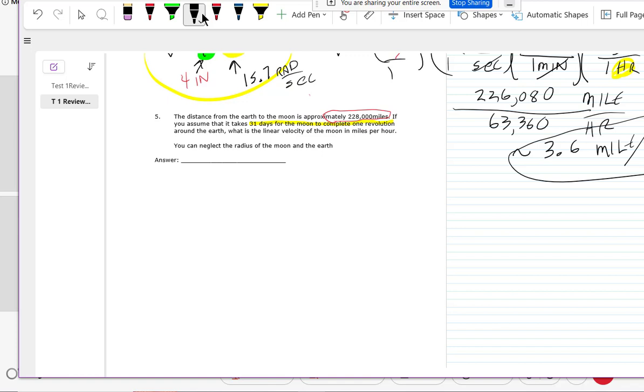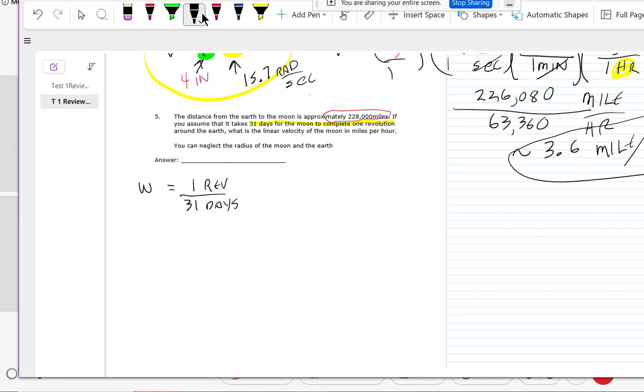When I see one revolution in 31 days, that's telling me that I have an angular velocity. An angular velocity is always radians per unit of time, or the number of revolutions per unit of time. So this is saying that one revolution takes 31 days.